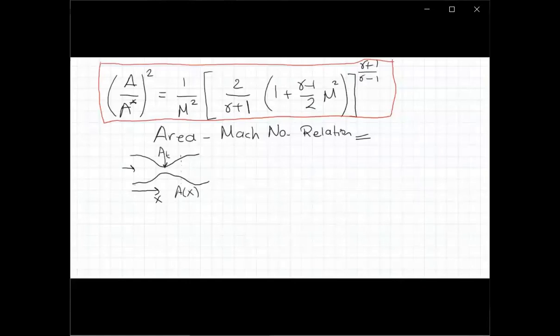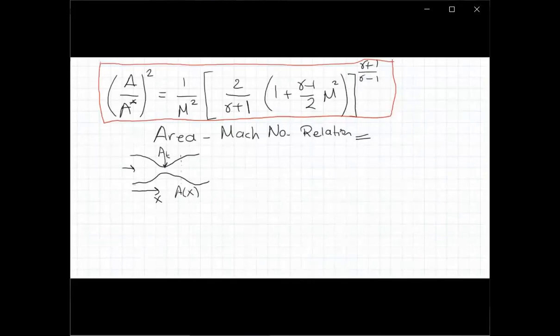Now, if you want to design a nozzle such that it will be choked, we will come to choking in a little while. But at the minimum area location, if you want to reach Mach 1, then that A throat will become A star. So this A(x) distribution is going to be entirely a function of the Mach number distribution.